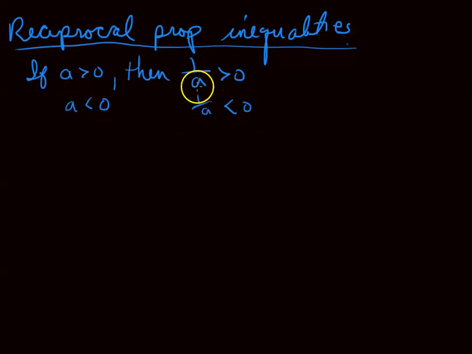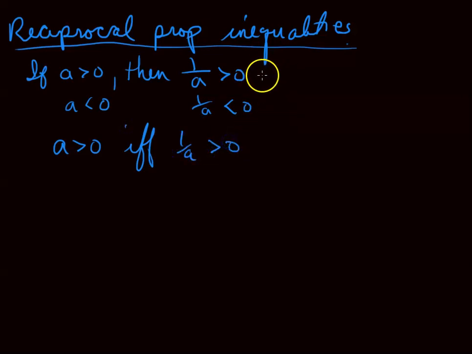Now one way to write this as one thing instead of two of these is an if and only if statement. A is greater than 0 if and only if 1 over A is greater than 0. Because we could have the converse also being true. If 1 over A is greater than 0, then A is greater than 0.